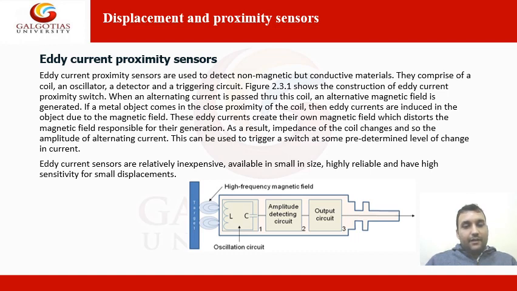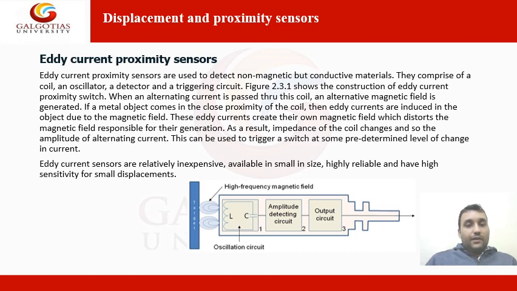This is the trigger where the high frequency magnetic field is generated. This is the oscillation circuit, where this is L and C, and then this is the amplitude detection circuit. And this is the output circuit where the output is measured.